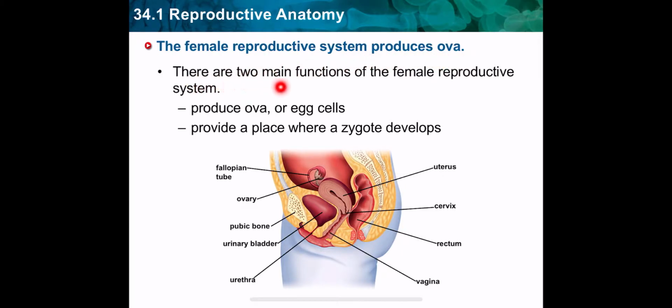There are two main functions: to produce ova or egg cells, and to provide a place where a zygote develops. There is one benefit of the female reproductive system that's not in the male reproductive system, which is carrying the zygote inside the female reproductive system.